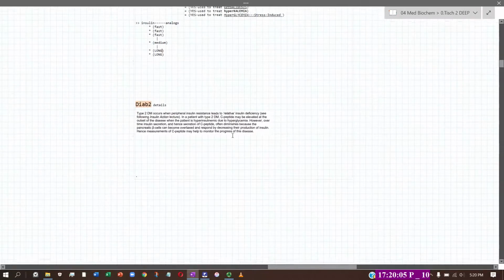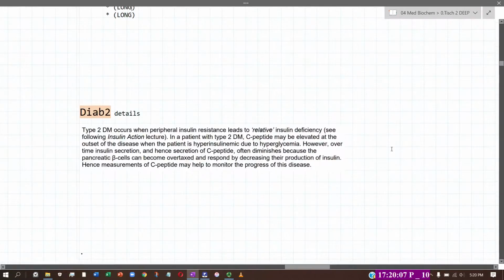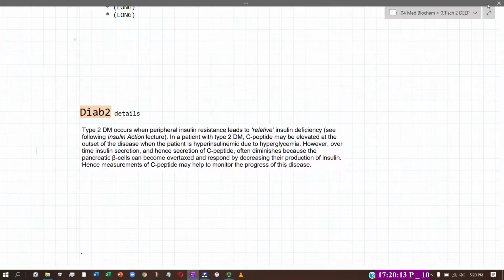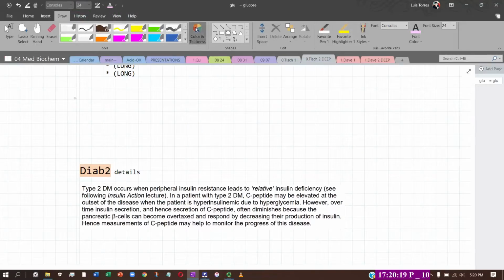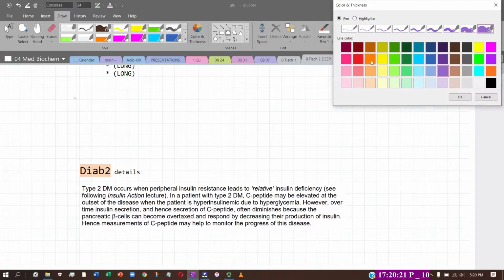And later on, we will get into details regarding this condition, and let's add a highlight that will be very relevant later. There's one key word. We'll put it in light orange.